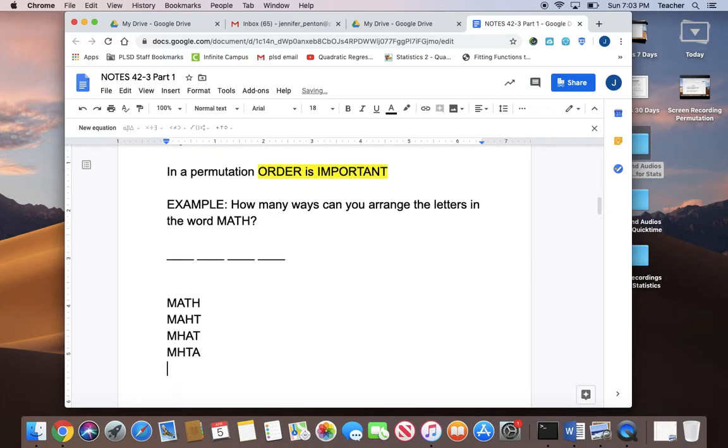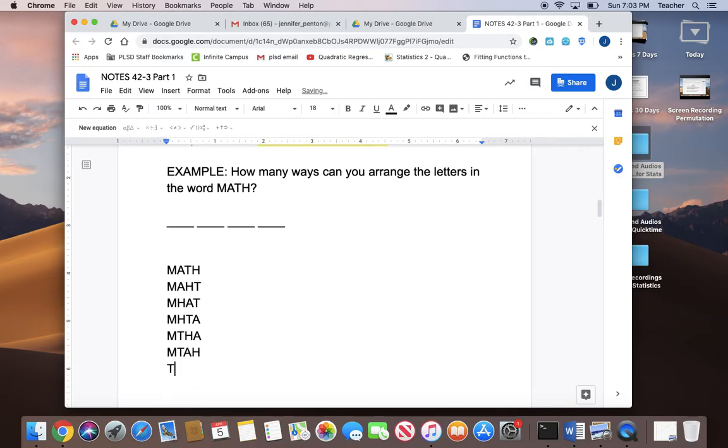Another would be M-T-H-A. Another would be M-T-A-H. Another would be T-M-A-H. So when it says arrangement, I just want to know how many different ways I can write these letters.